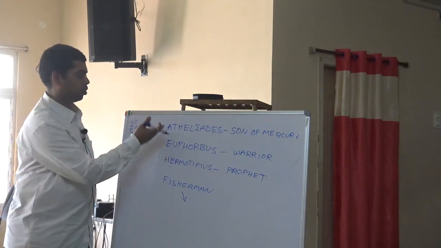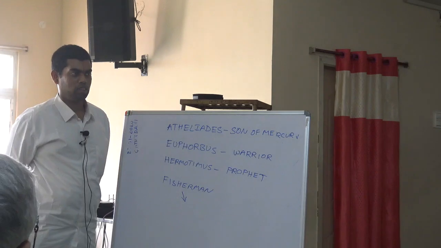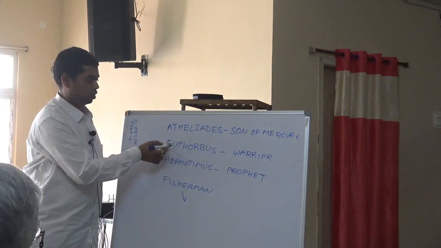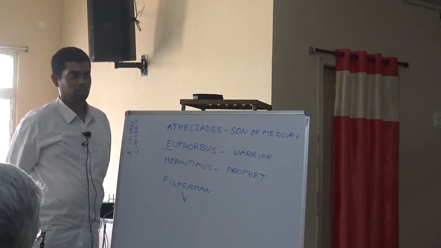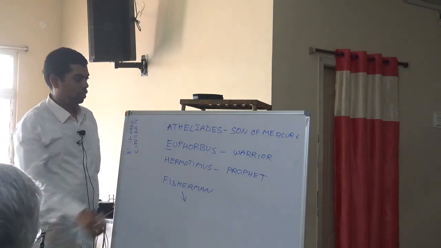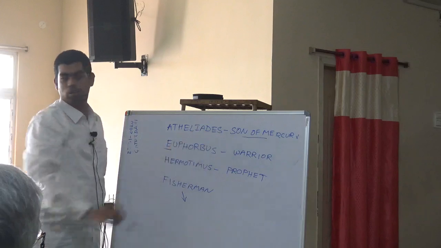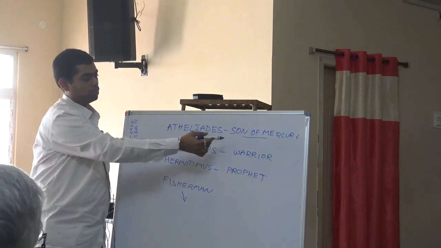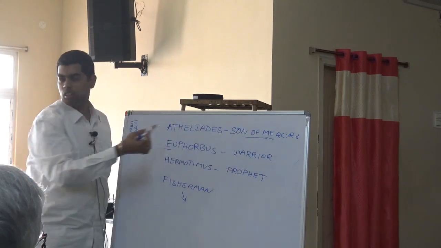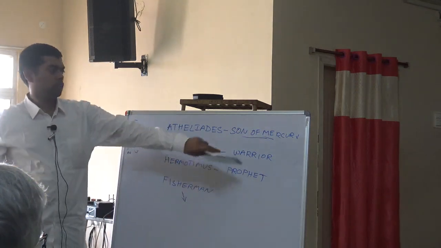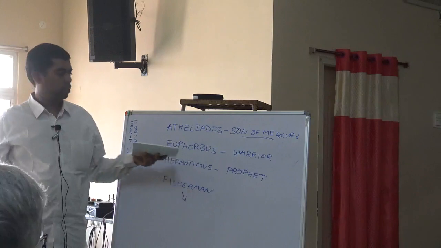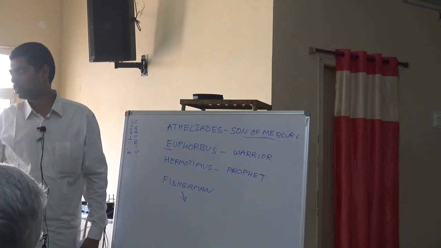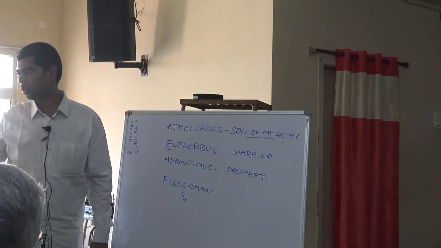I don't know in which area. Maybe in Greece, but this is in the Trojan War. Only that is mentioned. And son of Mercury. Yes, yes. So in Greece, they used to consider Mercury as a god, and then Achilles is a demigod. You know demigod? Gods born as mortals.